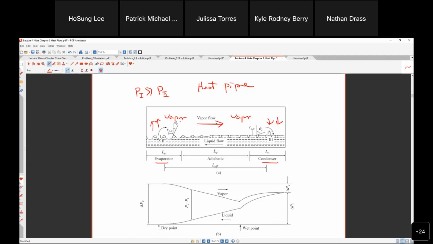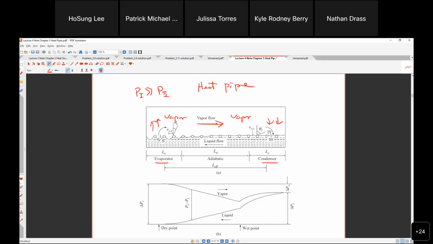Here, at the condensation, the vapor surface is flat. The curve is very flat.